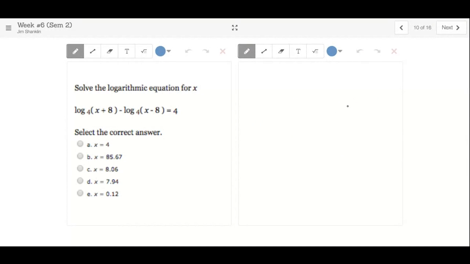Let's see here. Another logarithm problem, but in this problem, I'm looking at it and it's not going to be one where I can cross off a log on both sides. I look at it and I can condense this. There's a minus sign here, so I can rewrite this as log base 4 of x plus 8 over x minus 8 is equal to 4.